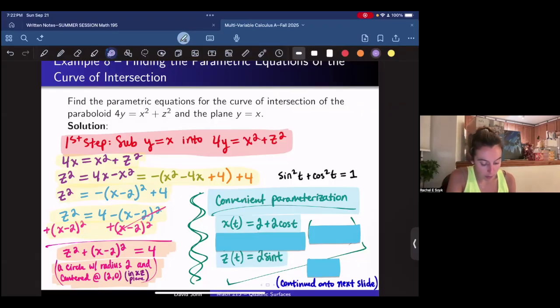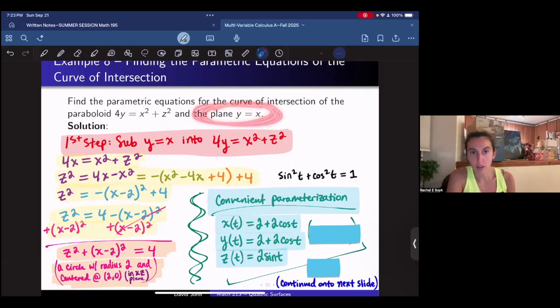And then what about our y? Our y of t, we can set equal to the same as our x from the question at hand. Our y is equal to x, so it's the same, 2 plus 2 cosine t.